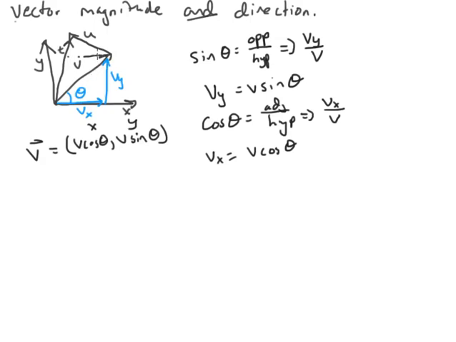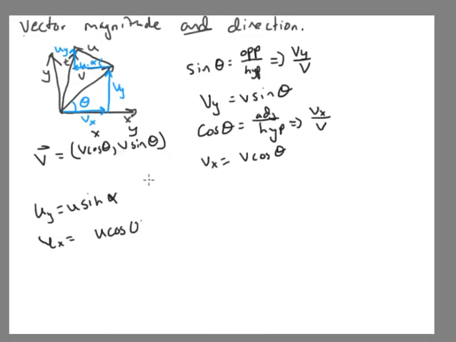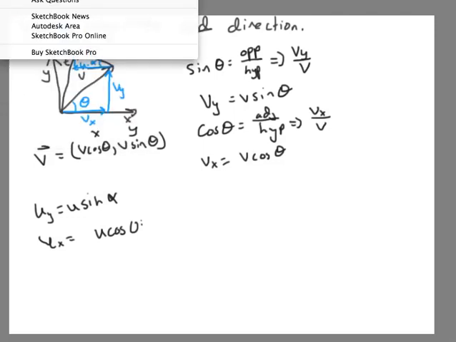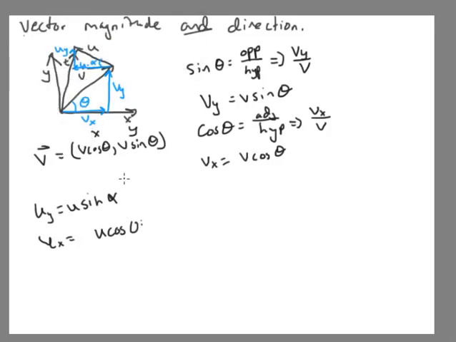We can have an angle right here, alpha. We can have our u of x and our u of y, and using this, our u of y will be u sine alpha, and our u of x will be equal to u cosine alpha, and we have to add in a negative sign because it's pointing in the opposite direction over here.